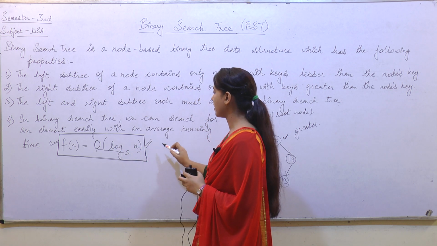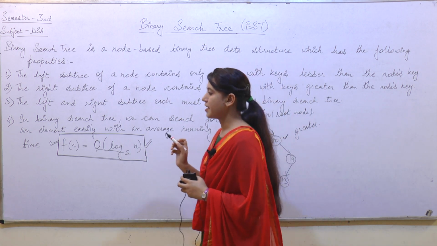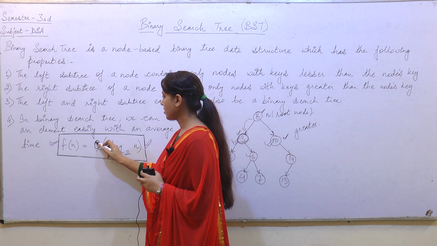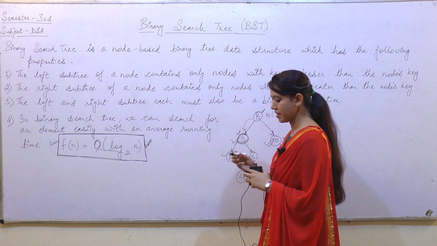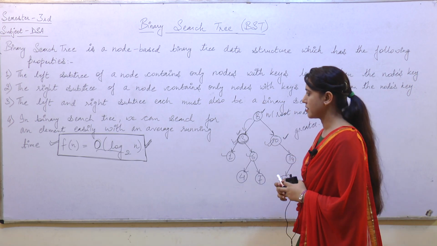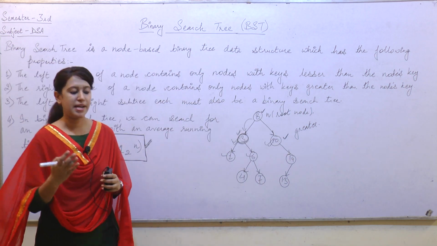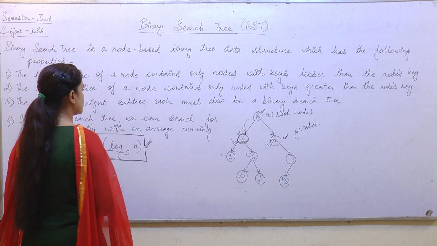This gives the average running time to search an element in a binary search tree. This is the formula we have to remember. So this was the introduction about binary search tree.